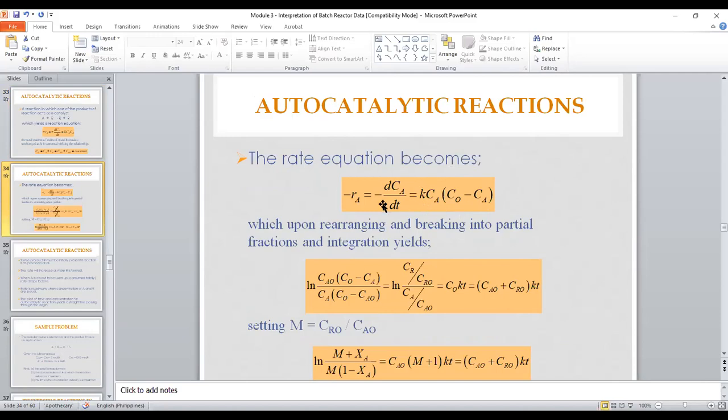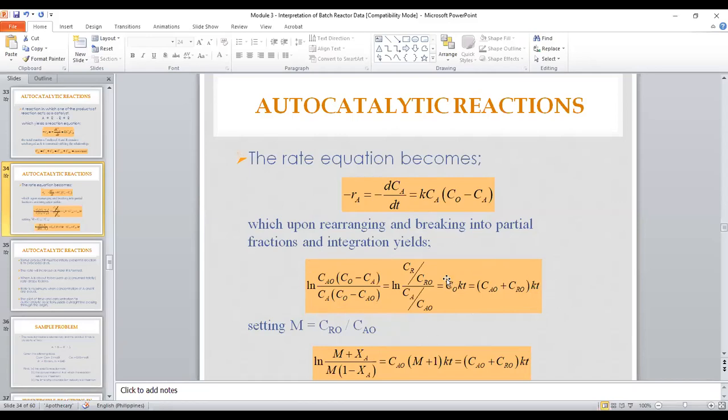Now, your differential equation for this matter has your unknown function as C sub A and your independent variable as time. So you can process it again using separation of variables and method of partial fractions. If you use the method of partial fractions, this will be the corresponding expression that you will be getting.